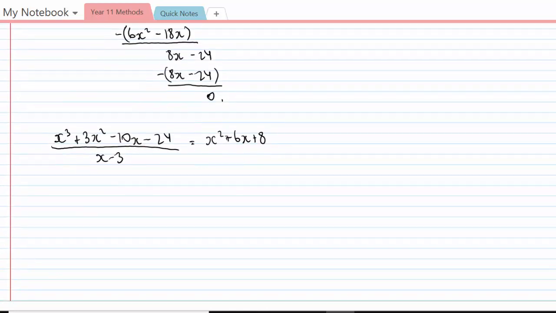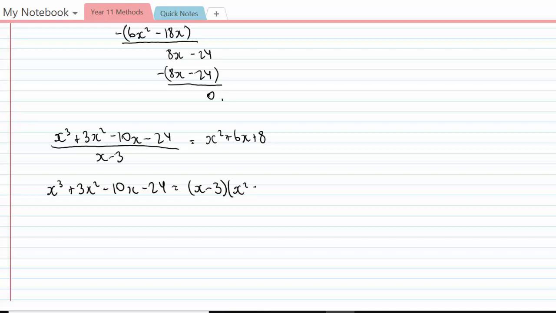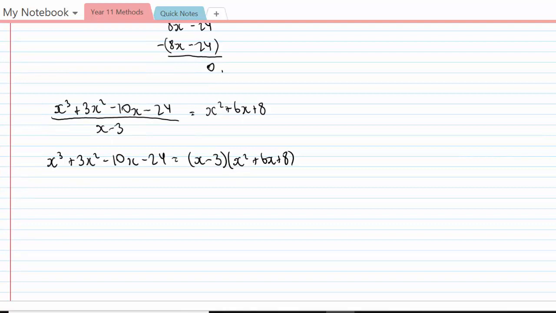I can actually rearrange this really quickly and easily by multiplying by the denominator. And so I can then say that x cubed plus 3x squared minus 10x minus 24 equals x minus 3 times x squared plus 6x plus 8. And that quadratic factor should factorize fairly nicely.